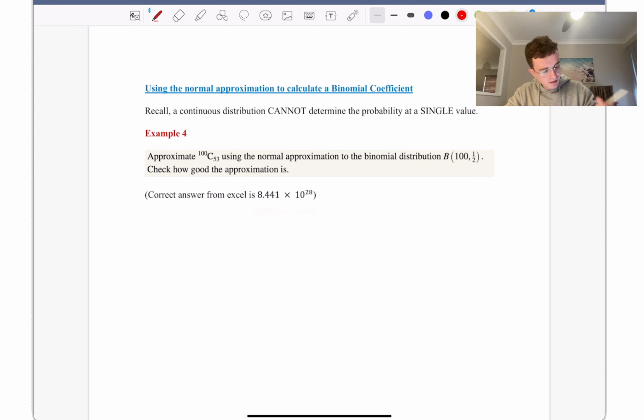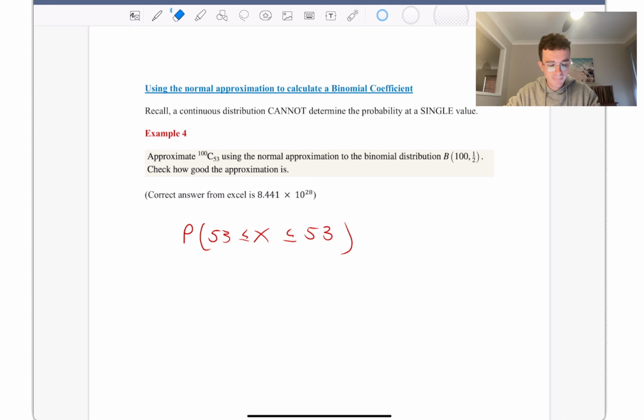So the way we're going to do this is we can't determine the probability using a single variable. So we need to do a continuity correction by going 0.5 above and below. So we can't go probability x is between 53 and 53. We can't do that. Maybe with some advanced calculus you could, but we can't. We need to go 0.5 above and below.